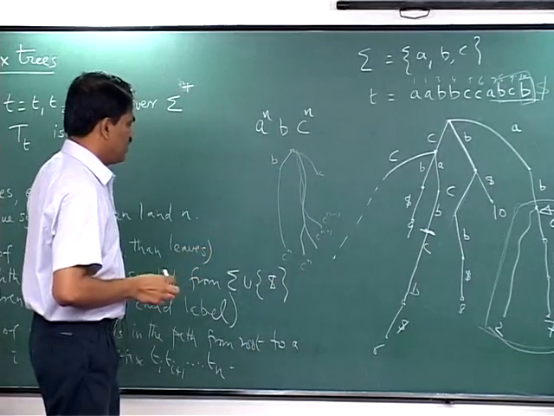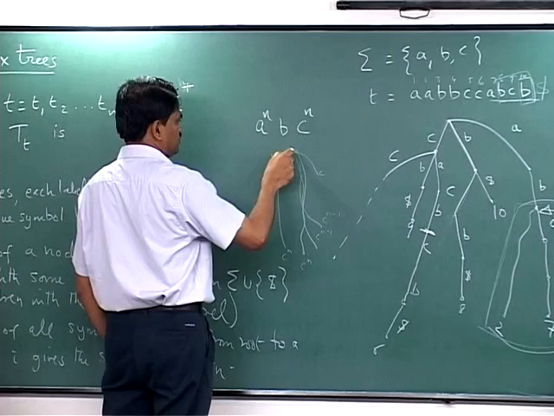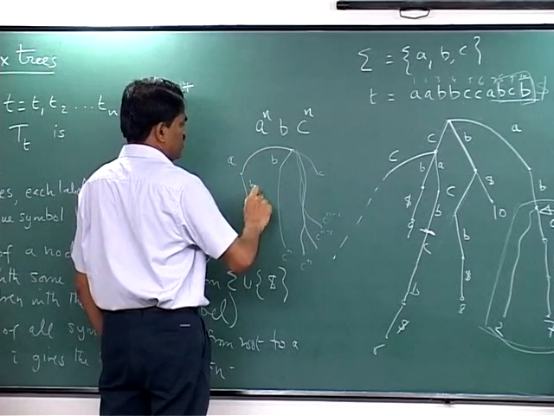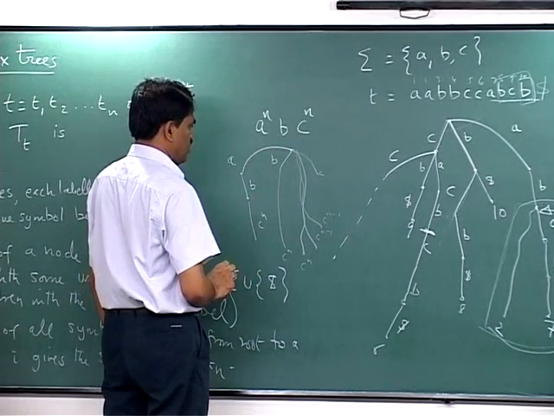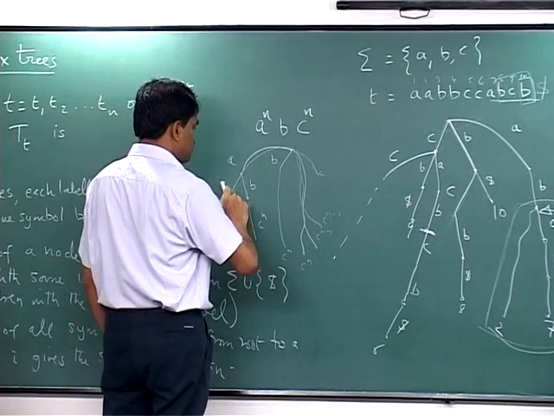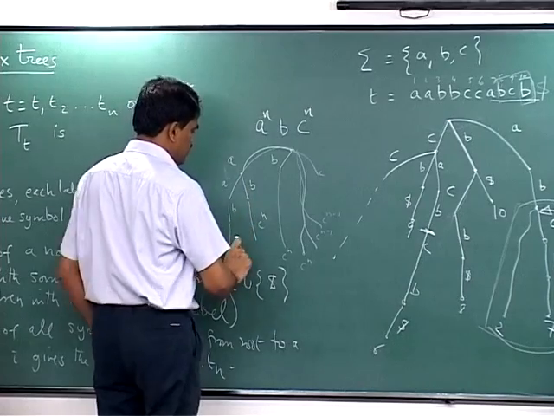Is this the correct example? And I will have a, b, c power n, then I will have a square, right, one more a, b, c power n.